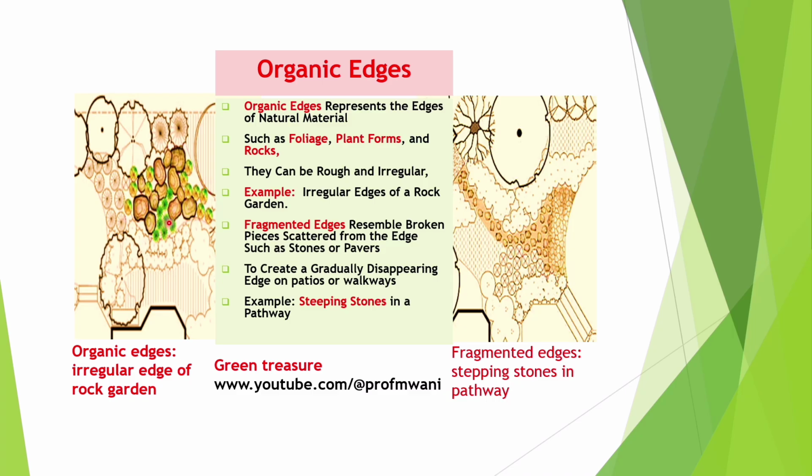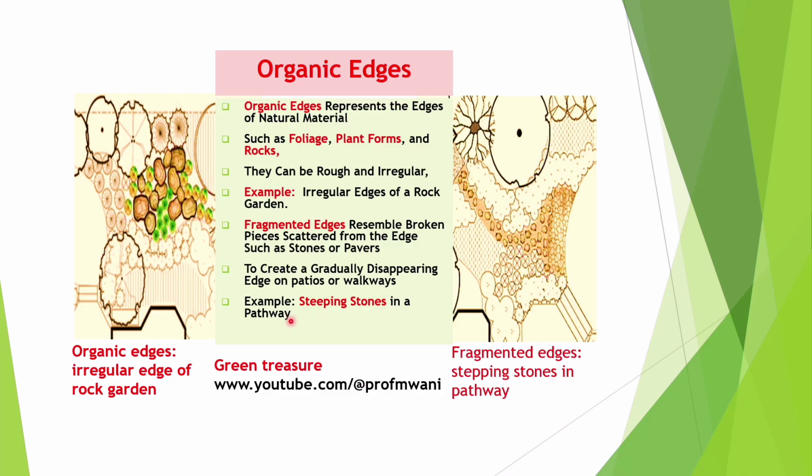design. Fragmented edges resemble broken pieces scattered from the edge, such as stones or pavers. So here you will find the fragmented edges which are being used, and they can be used in stepping stones in pathways to create a gradually disappearing edge on patios or walkways. So you have an example here, stepping stones in a pathway.